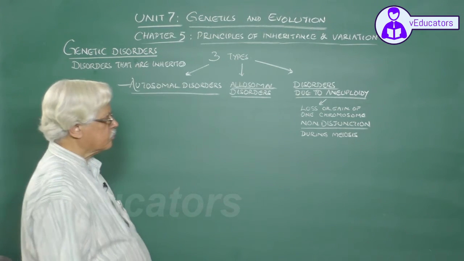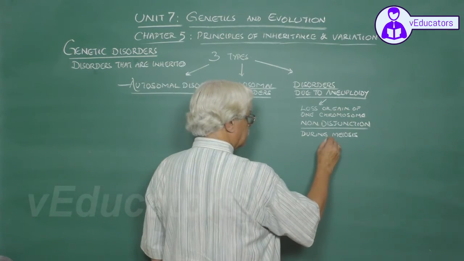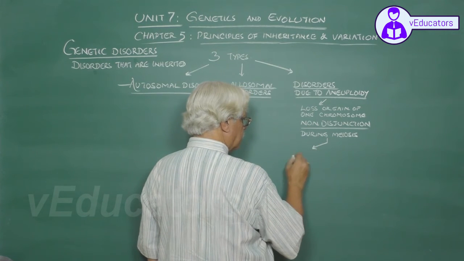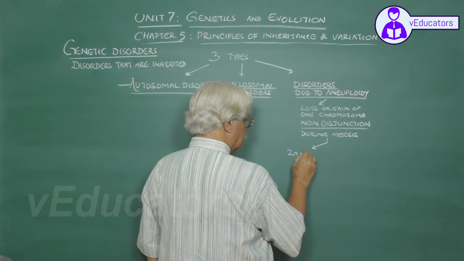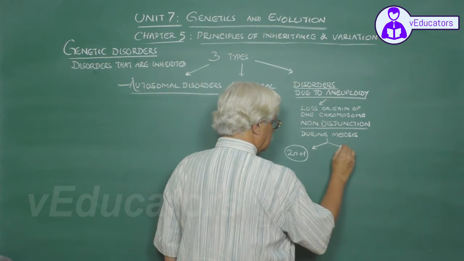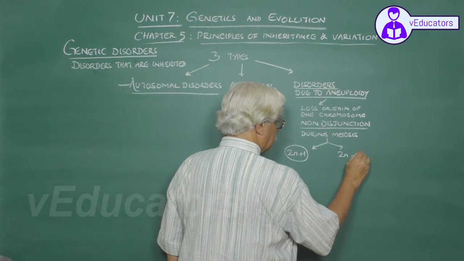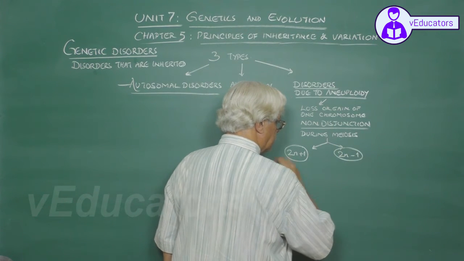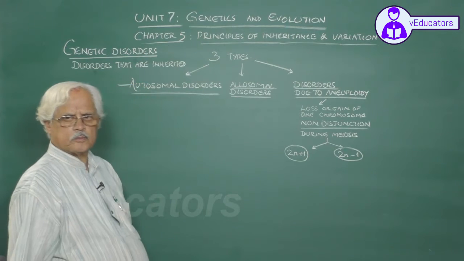Therefore, the chromosome number will be either 2n plus 1 or 2n minus 1.